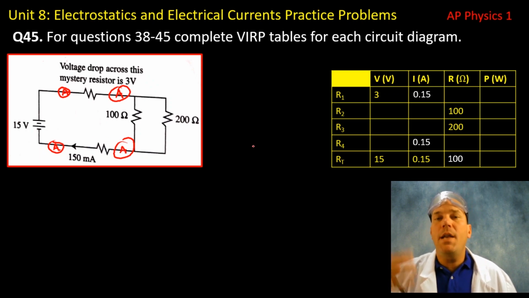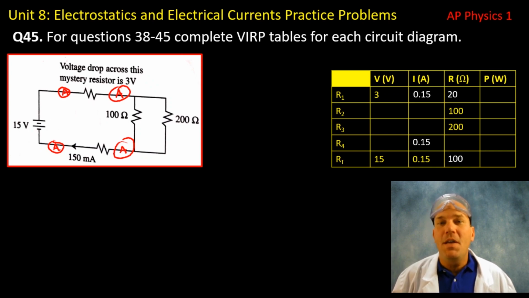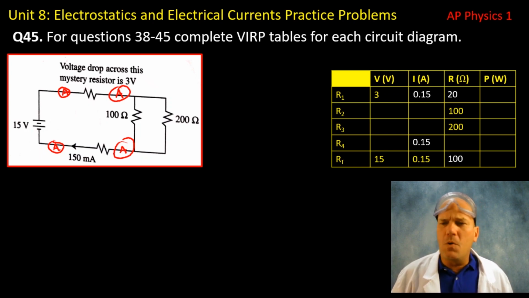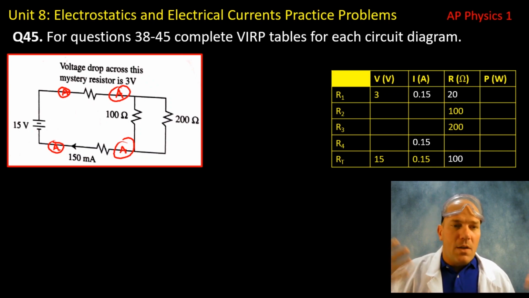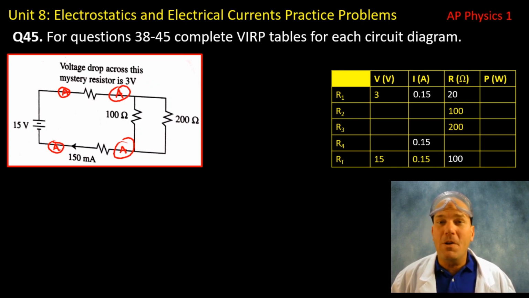So we can put 0.15 amps into the VERP table, which means for R1 we have enough information to calculate the resistance because we have 2 out of the 3 variables for Ohm's law. So 3 divided by 0.15 is equal to 20. So our mystery resistor is no longer a mystery.